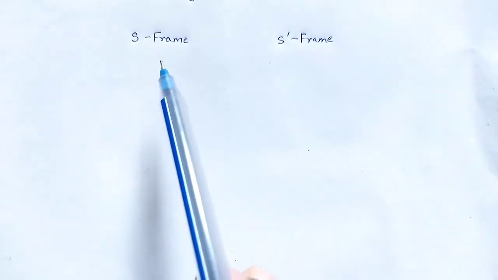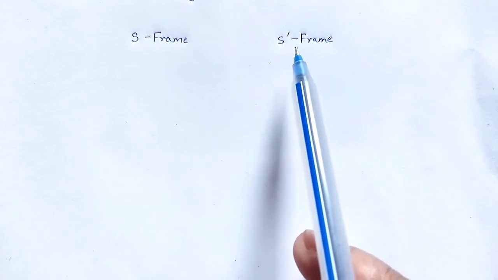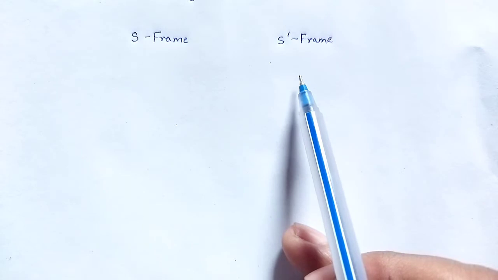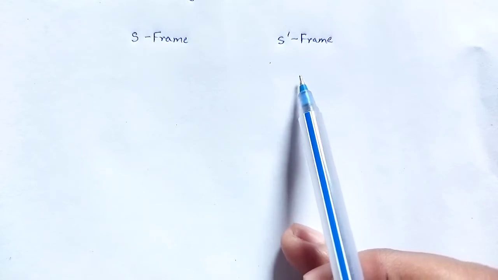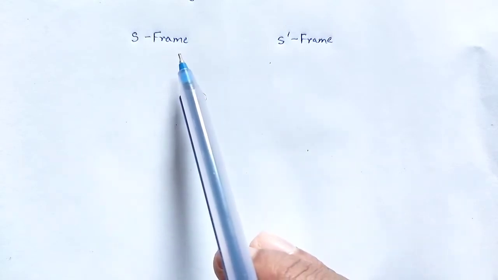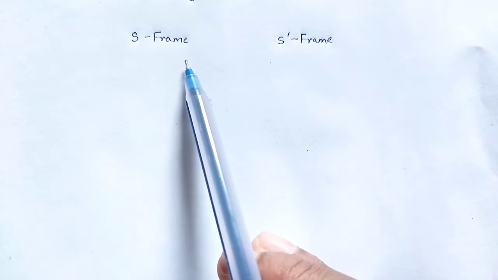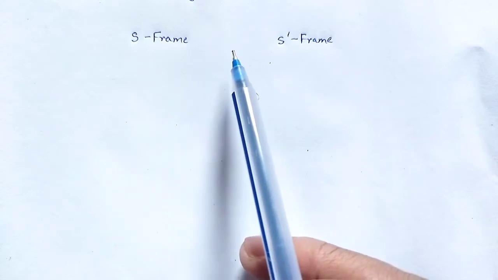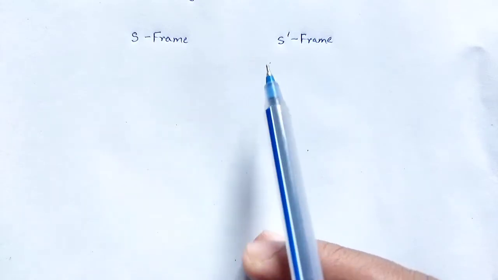As we previously did, the S frame is at rest and the S dash frame moves with uniform velocity v with respect to the S frame along the positive direction of the x axis, as we already did previously in the Lorentz transformations concepts and all the consequences of the Lorentz transformations. This is the procedure adopted by us.